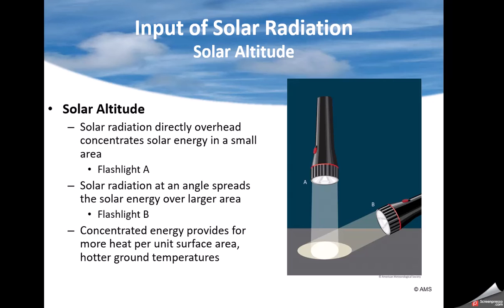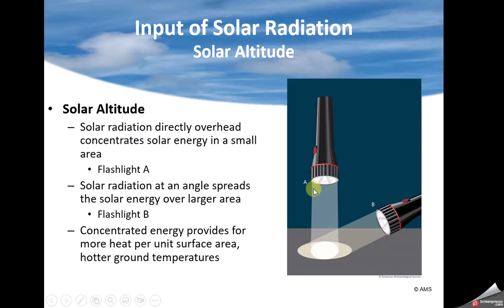Another aspect of this is solar altitude. Many of you are living in Ohio or West Virginia and maybe around the world, even some other spots. So, the sun at the equinox, September 21st or March 21st, is directly over the equator, pointing directly at it. Look at a flashlight. Notice how small that circle is where it's pointing directly at it.